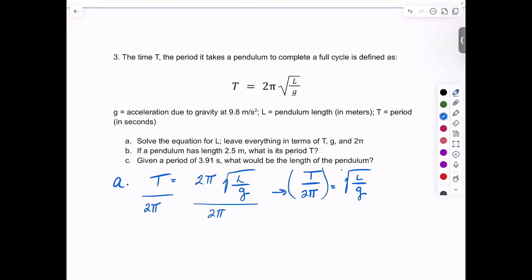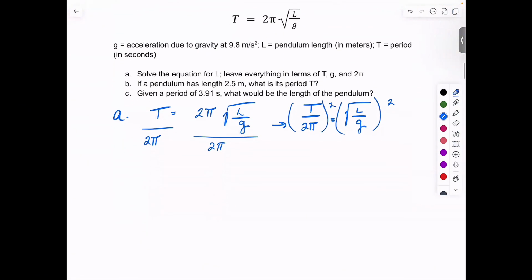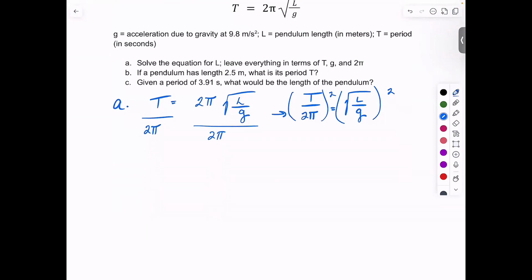I like to group things in parentheses. That's merely a preference. If we square the fraction on the left, we have T squared over 2 pi squared. And we can, of course, drop the radical on the right. Whenever you square a radical or square root, it simply drops the radical. So you have L over g.